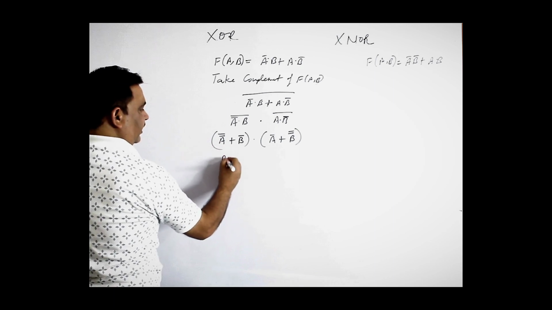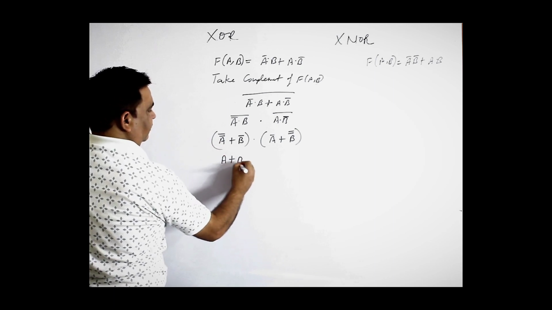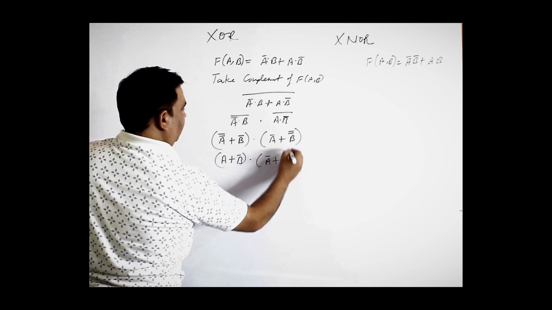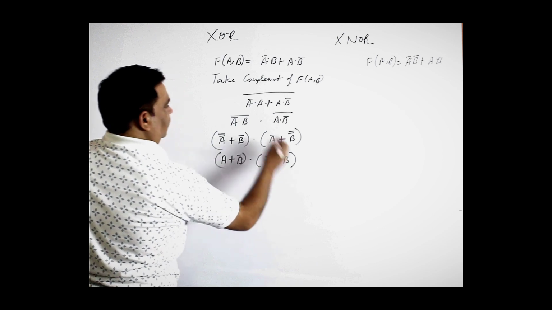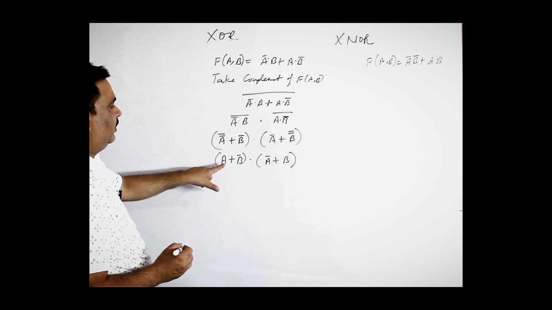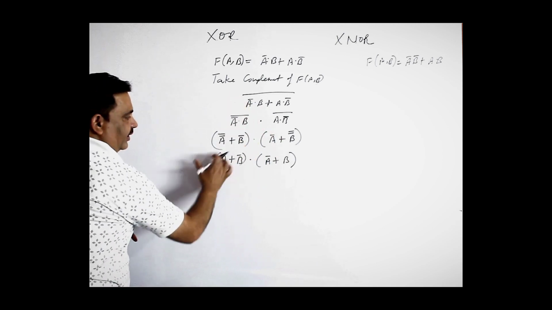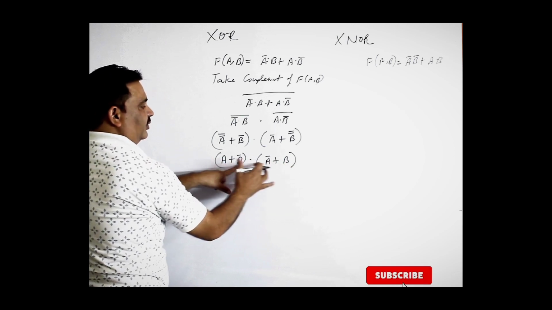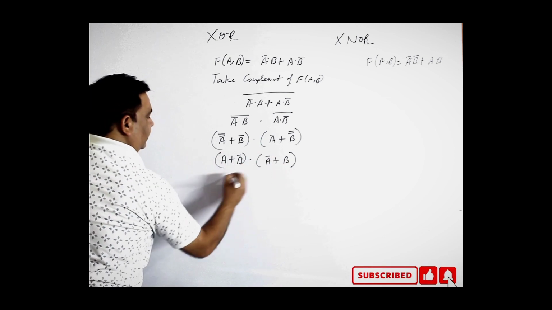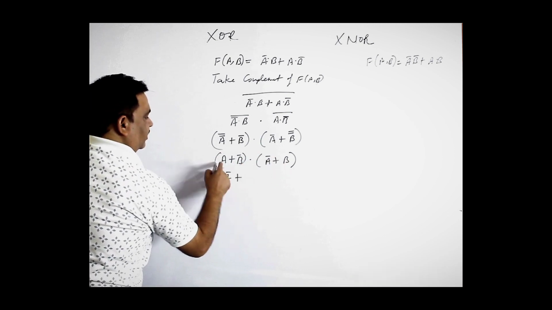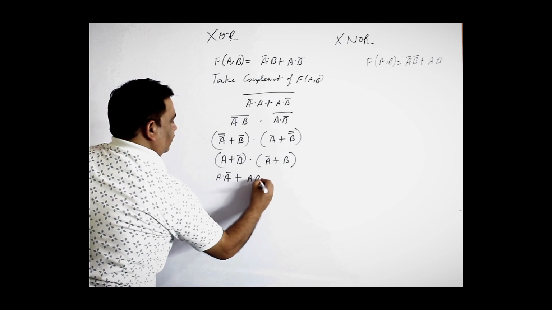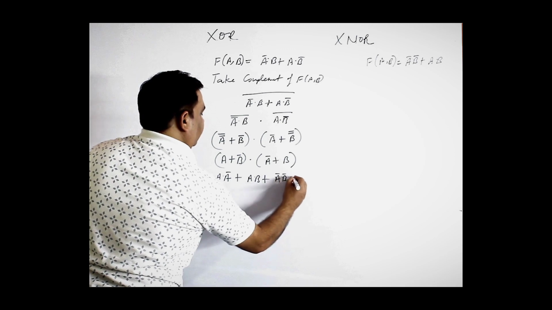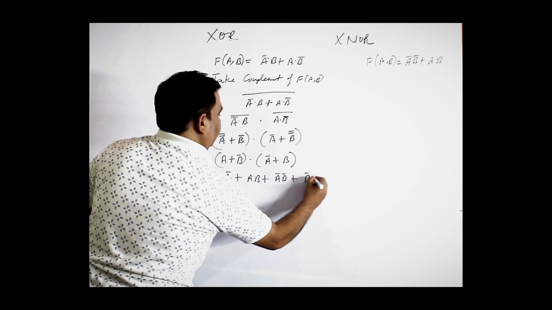Now the double complement is equivalent to the single one, so A plus B complement, and in the same way A complement plus B. Now multiply the two bracketed terms. A should be multiplied with both, and B complement should be multiplied with both. So A dot A complement plus A dot B, plus B complement dot A complement, which is A complement dot B complement, plus B complement dot B.